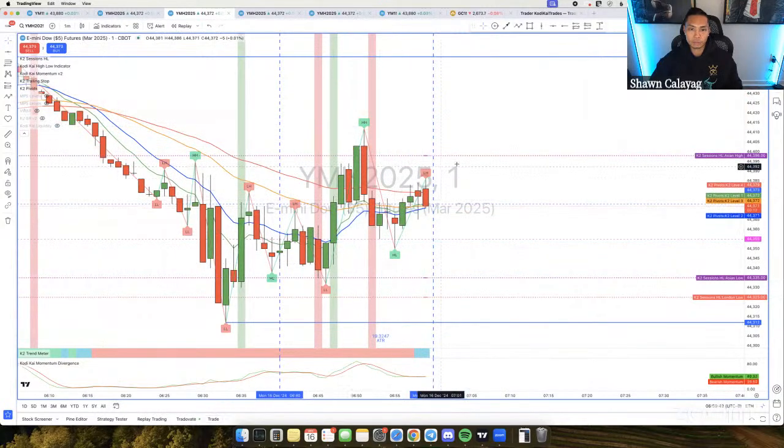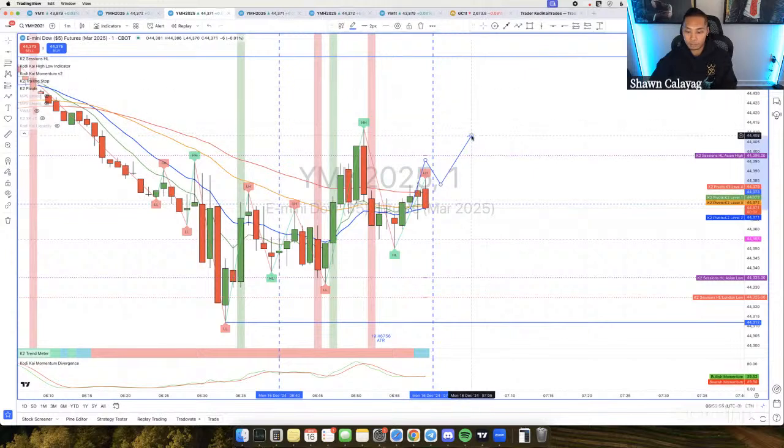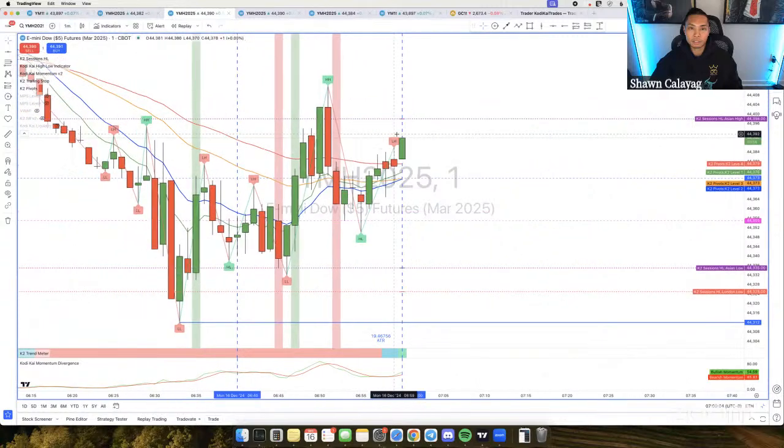So I'll turn off the liquidity right there. As you can see, we have the Asia high right here. So even if price pushes up, it's going to have trouble getting past this area, right? The previous candle over here got stuck right there and came back down. So it doesn't really matter which direction price goes. If price pushes up, it may get stuck right here.